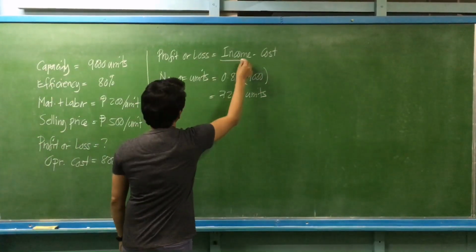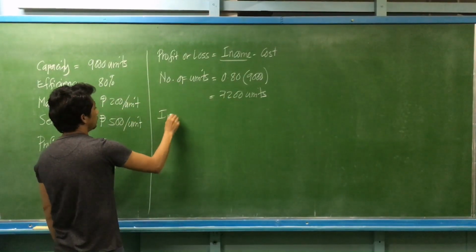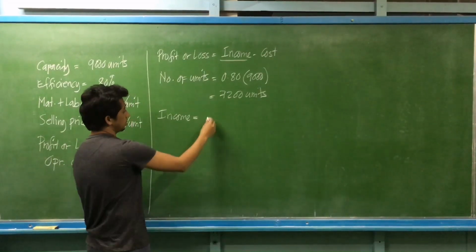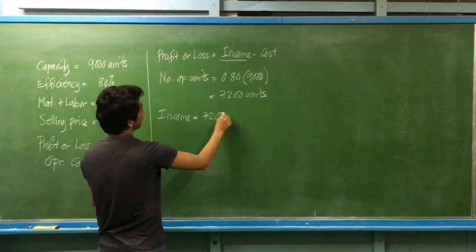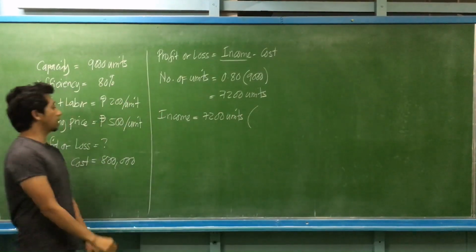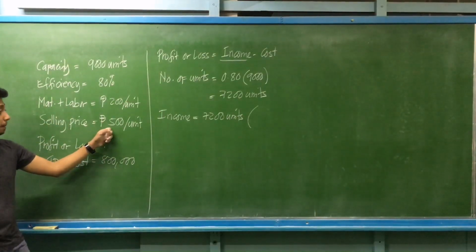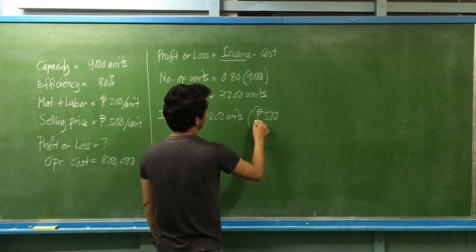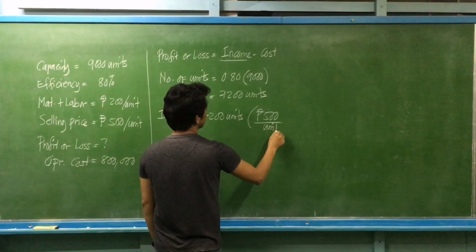Okay, that is yung number of units. Paano tayo magkakaroon ng income? So, we have the income is yung number of units, we have 7,200 units, kailangan lang natin siyang ibenta para magkaroon ng income. Ibenta natin ng 500 per unit. So to be sold at 500 per unit.